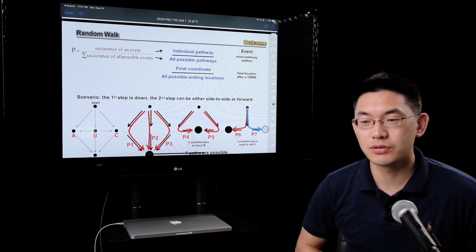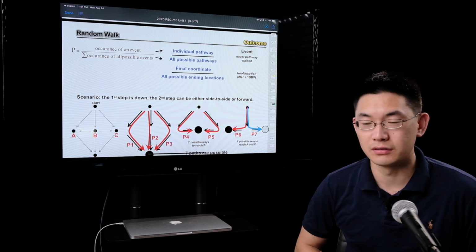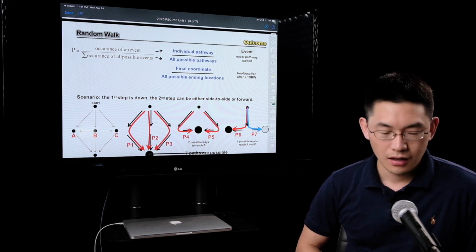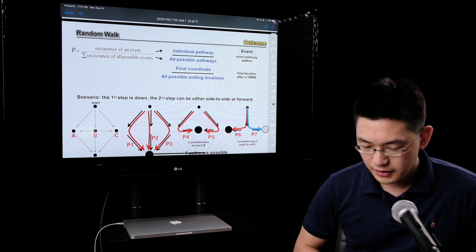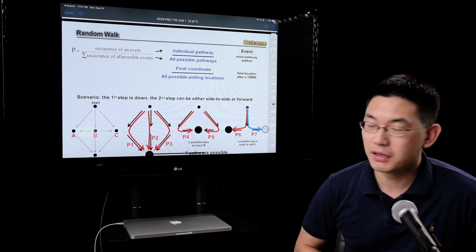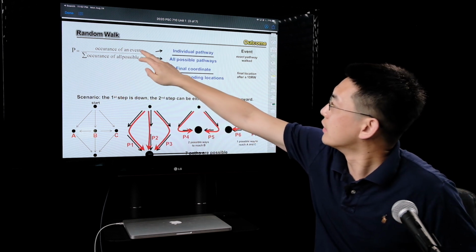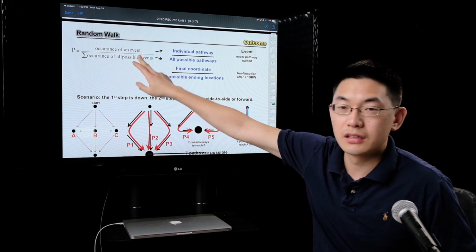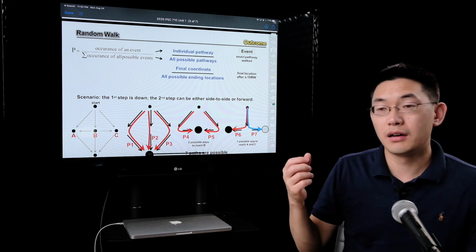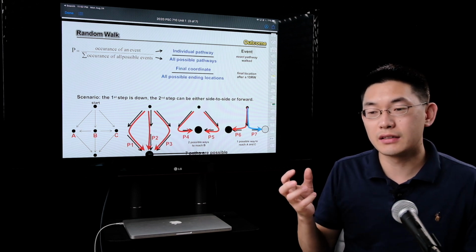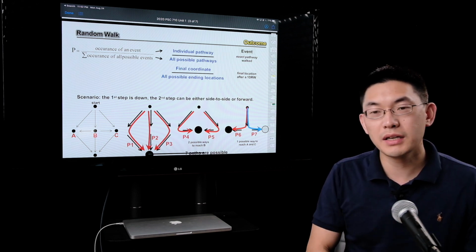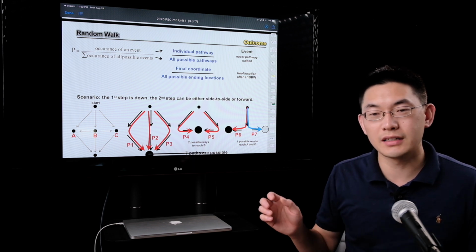That comes down to a probability of 12.5%, very low. This explains the probability equation we show here. The occurrence of the event means how many chances you actually get this event. How many chances of you having this event occur?